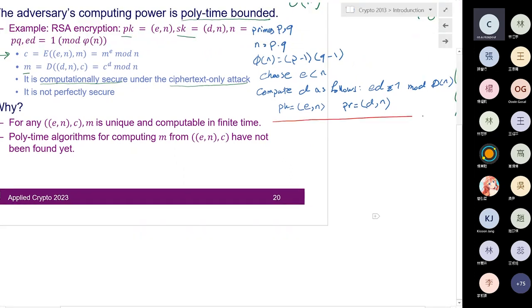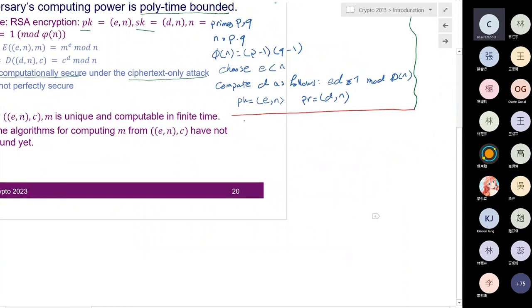So now we want to see this problem from Eve's perspective. Eve sees that we say this problem is computationally secure. So what Eve has access to is, of course, the public key of this user, which is E and N. We said that the public key is just like an email address.